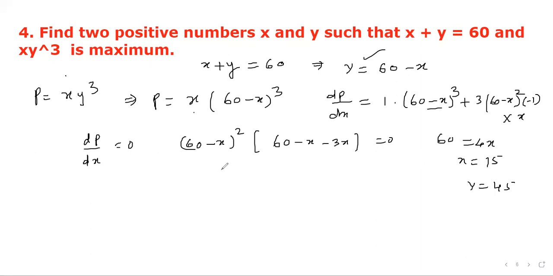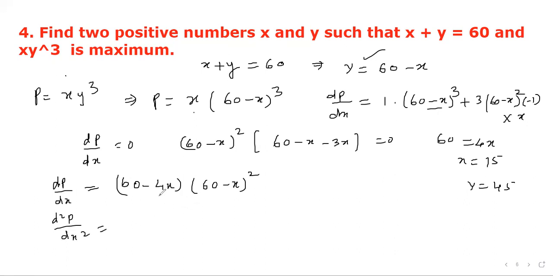Now we find the second derivative. So we have dp upon dx equal to (60 minus 4x) times (60 minus x) whole square. So d2p by dx2 will be, first we differentiate this term, so that will give minus 4, and the second term will remain intact, (60 minus x) whole square.